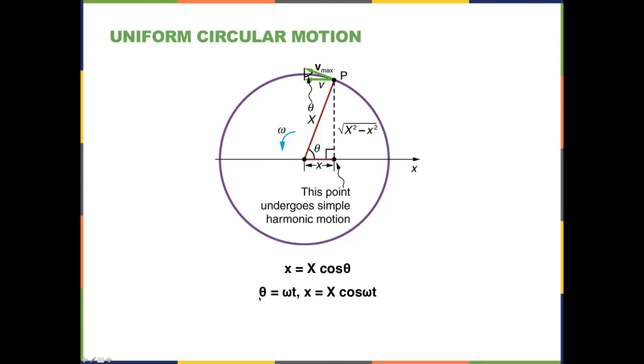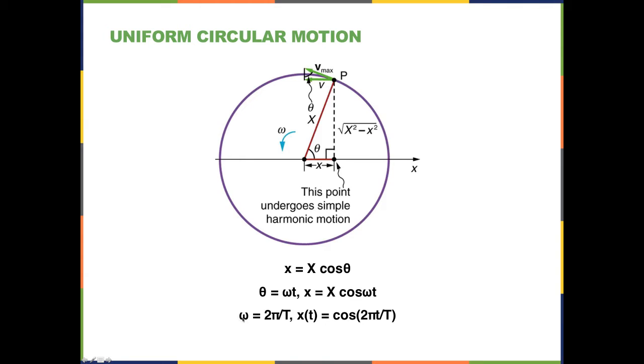Theta, as we know in any circular motion, is equal to the angular velocity times the time. And therefore, x is going to be equal to the radius, which is also the maximum oscillatory motion, or the amplitude, times the cosine of the angular velocity times the time.